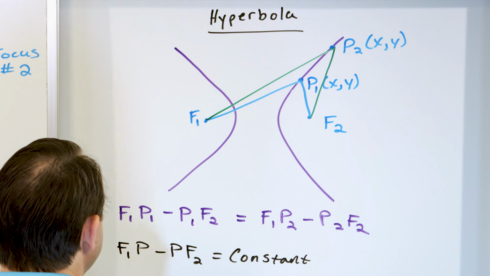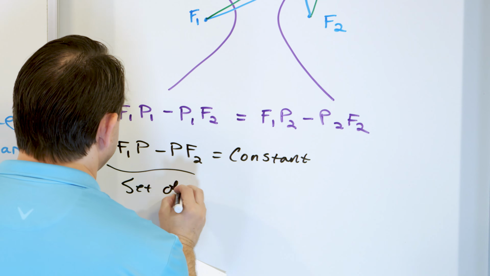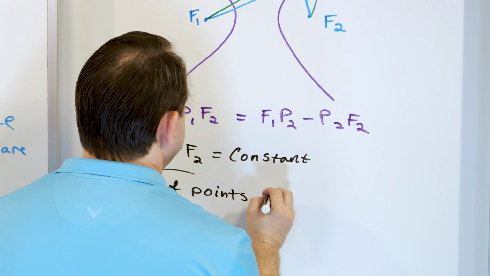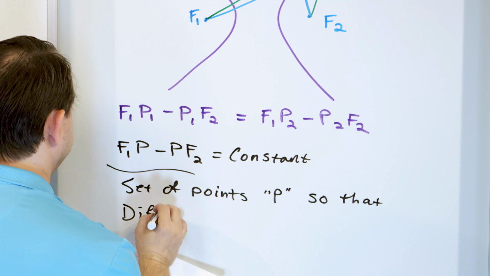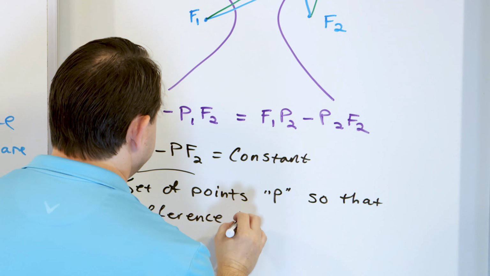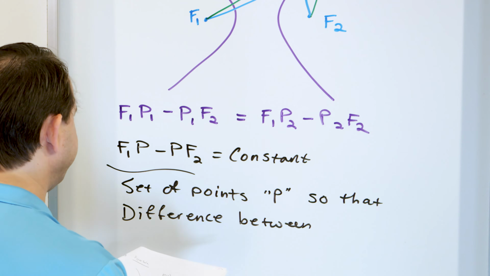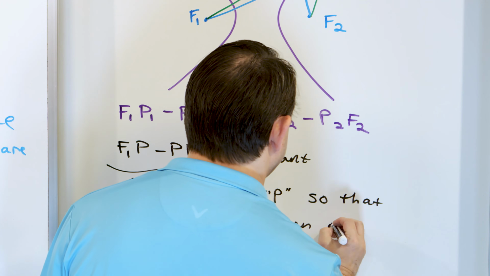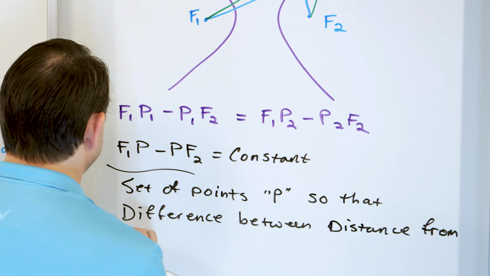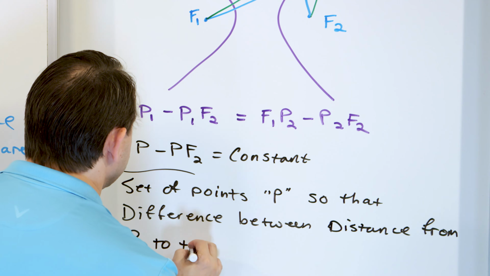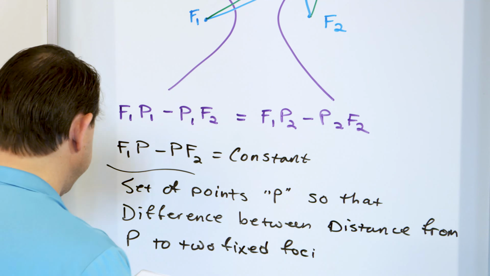Now, in terms of what you might see in a book as the definition of a hyperbola, it's the set of points P such that the difference between the distances from P to two fixed foci, these are points, is a constant.